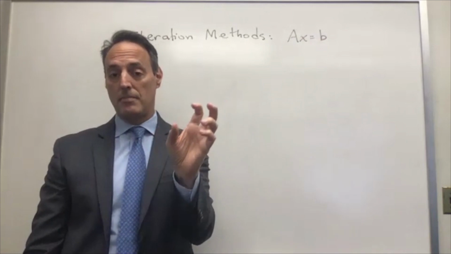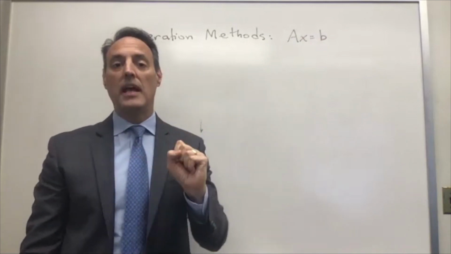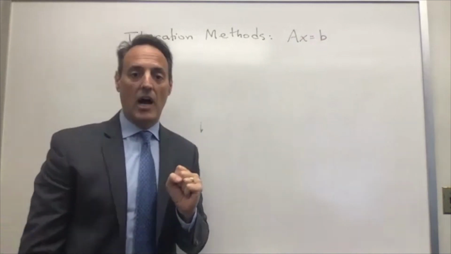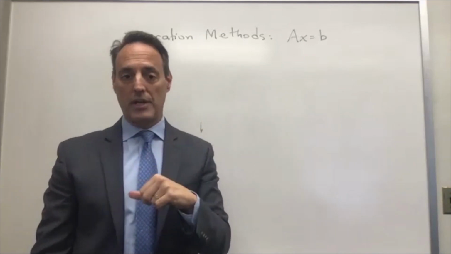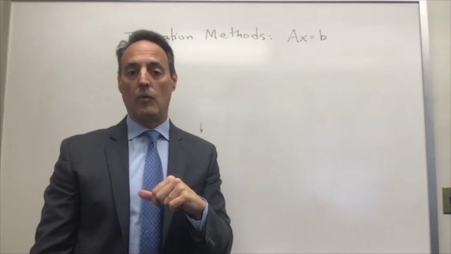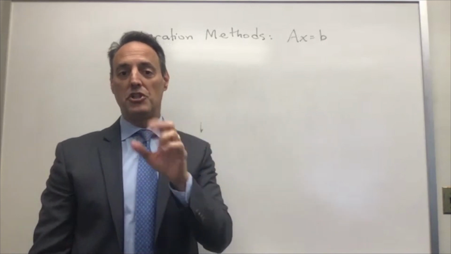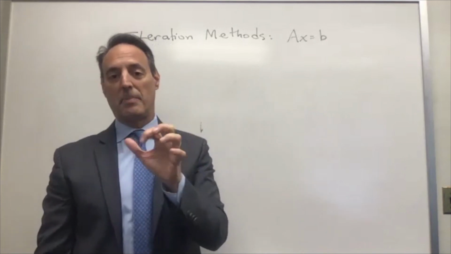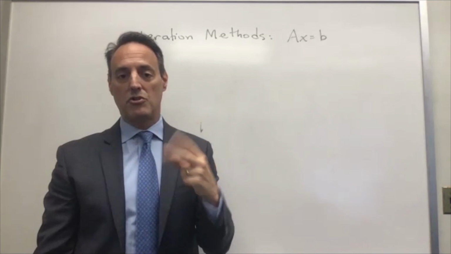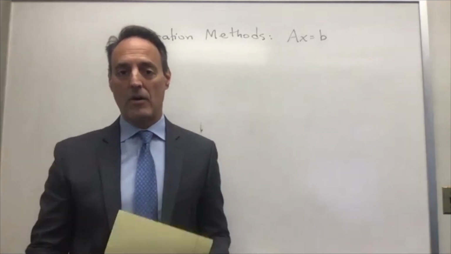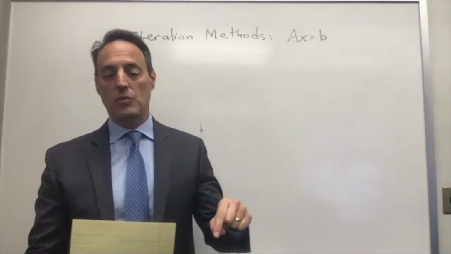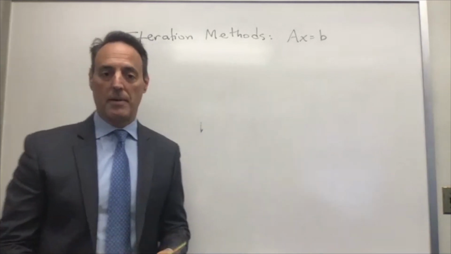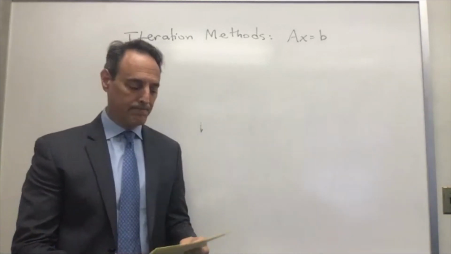And the other one is conjugate gradient or biconjugate gradient methods, which often is called BCG stab, or stabilized biconjugate gradient methods. So these are the two methods we're going to talk about: GMRES today, and in the next lecture, conjugate gradient methods, biconjugate gradient methods.